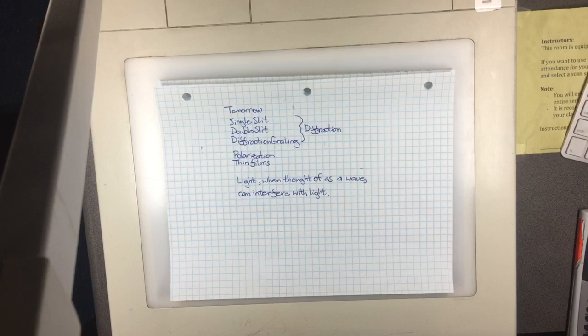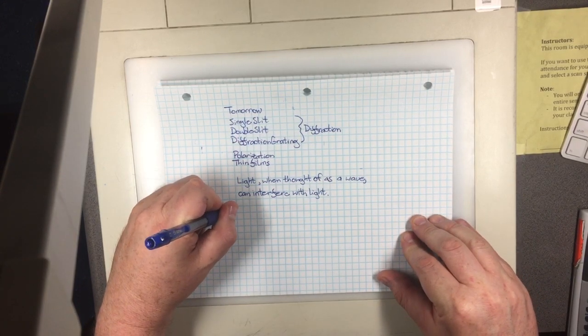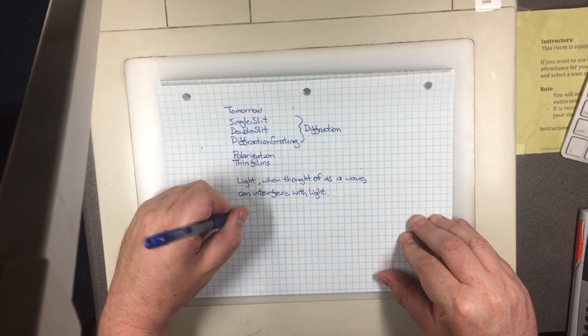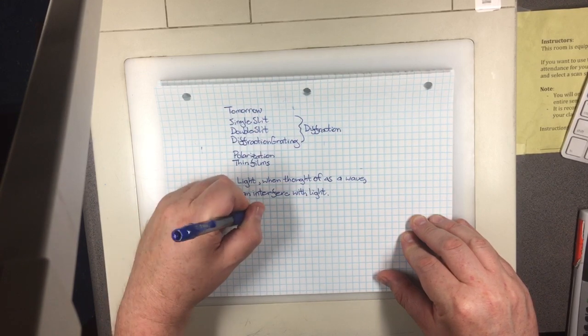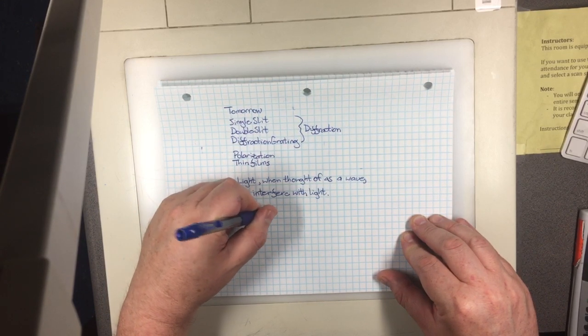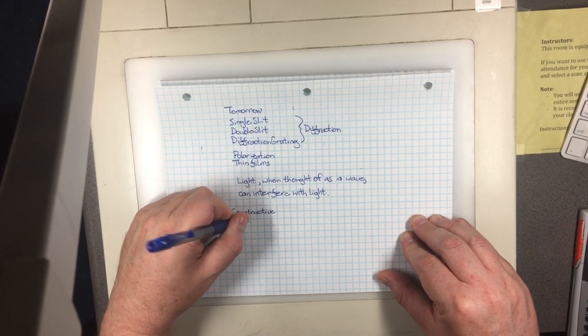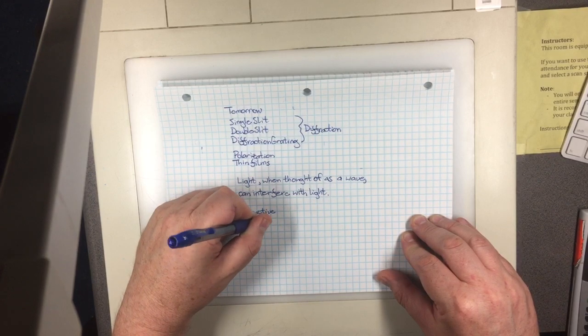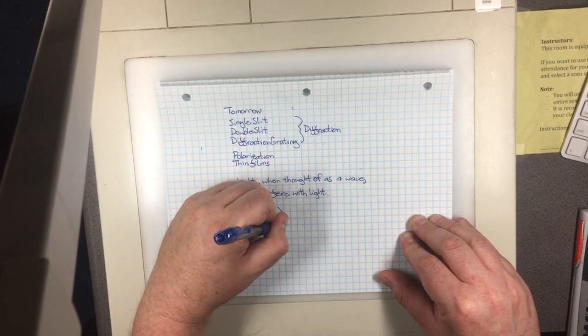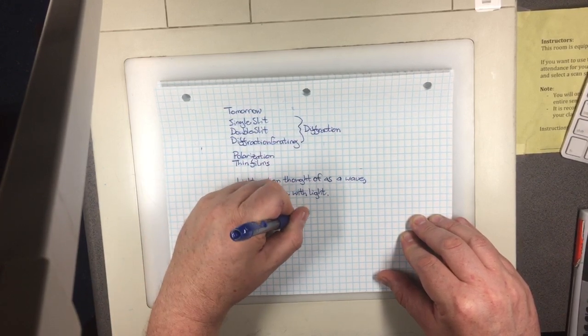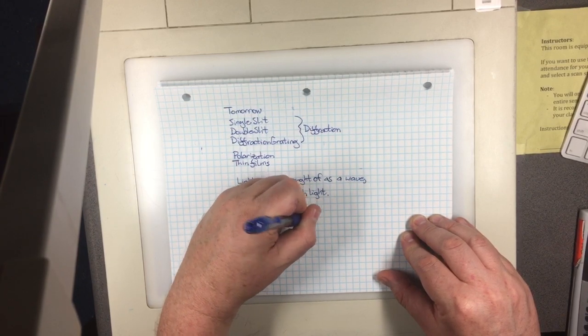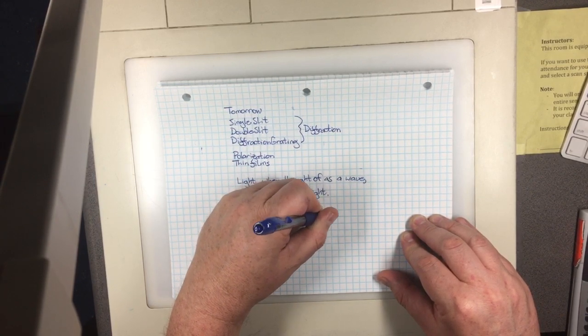It can interfere with itself, it can interfere with other sources of light, and we are aware of constructive and destructive interference.